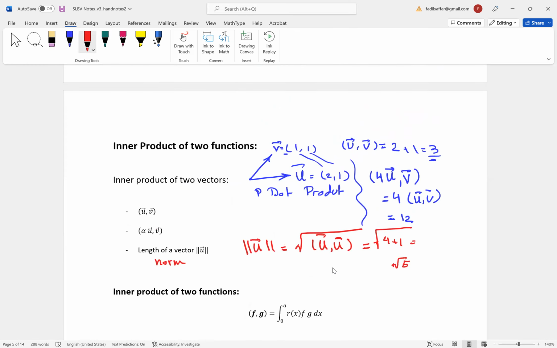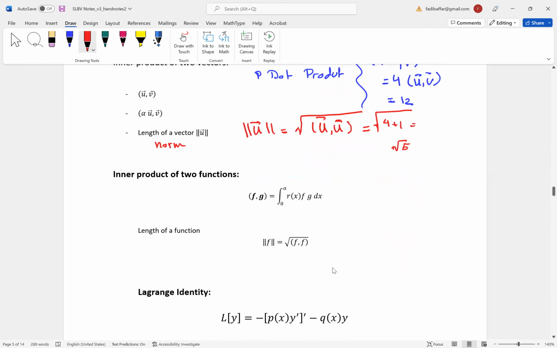The fact that we have a vector expressed by these values here, nothing prevents a vector from being a function. So if a vector can be a function, then we can do the inner product of two functions as well.